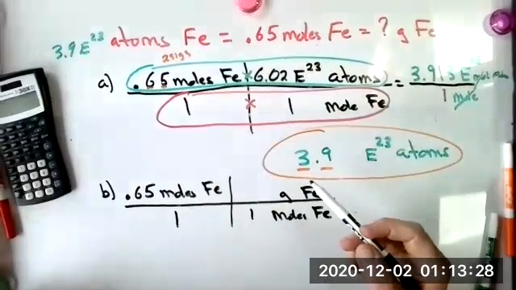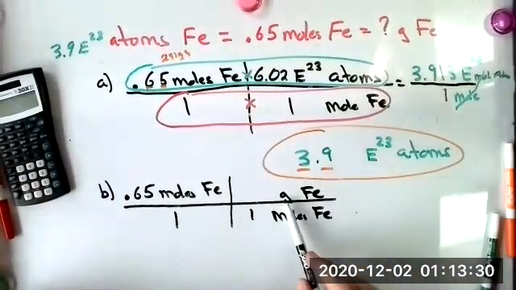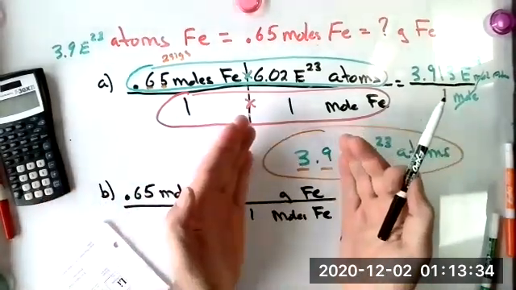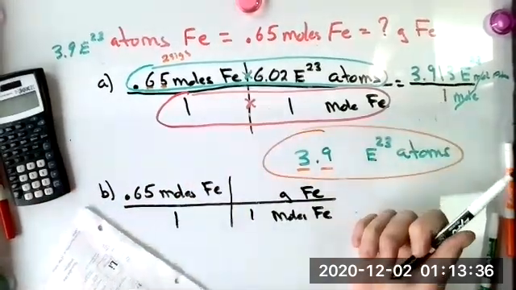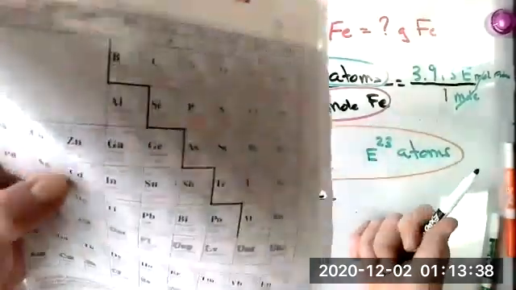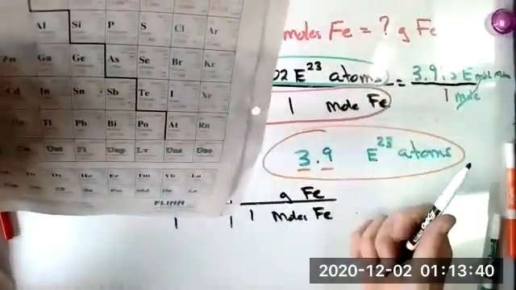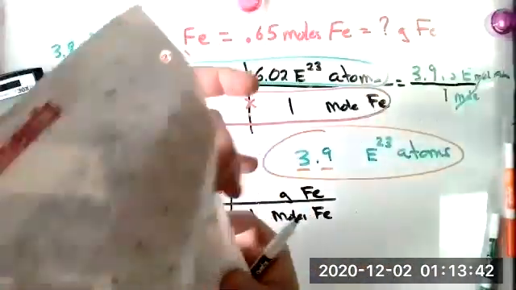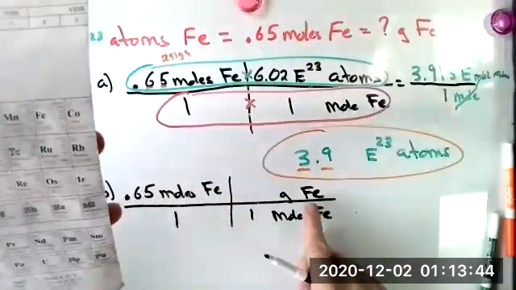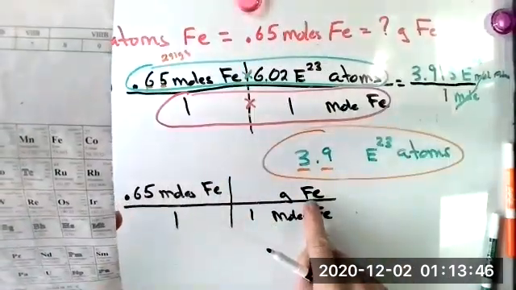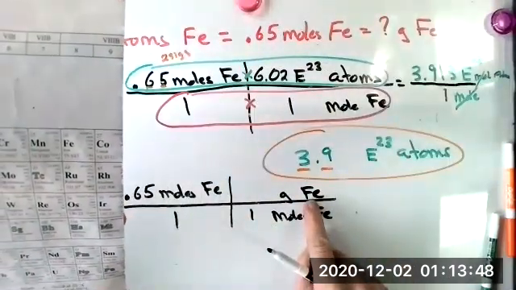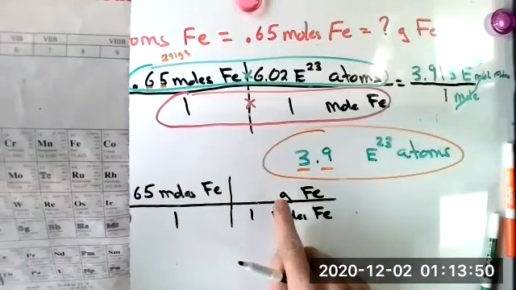So now in a bridge, if I see grams in the same cell of a bridge with moles, you'll watch me grab this faster than you can blink your eyes, because I know it's on here. And so what I do now is I look up Fe. I get its A value, which came from topic 3, which goes right here.